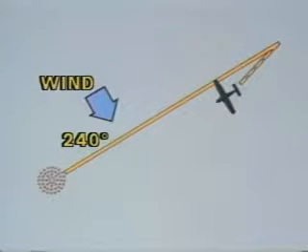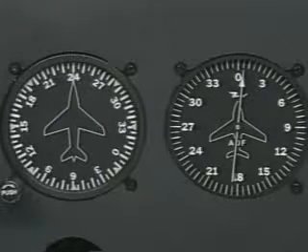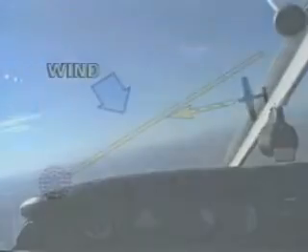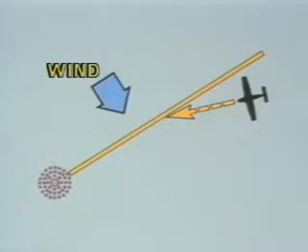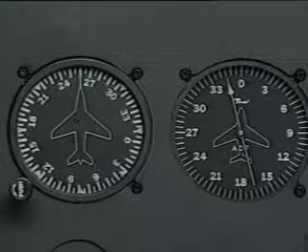Let's assume you want to track on the 240-degree bearing to the station, and a right crosswind has drifted you left of course. The ADF needle will point to the station which, in this example, is 5 degrees to the right. Turn right, using an appropriate intercept angle, and maintain that heading. In this case, a 20-degree correction angle is being used. The ADF needle will continue to point to the station.